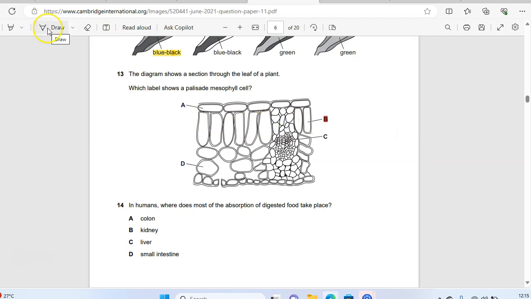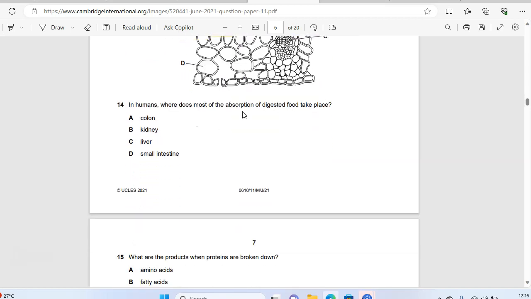These longitudinal cells are the palisade mesophyll cells.